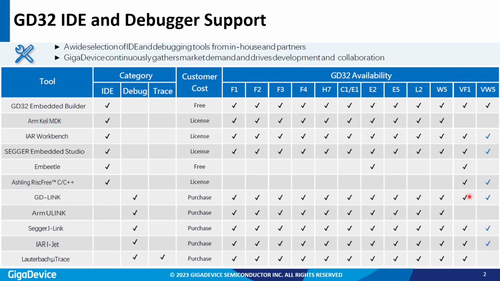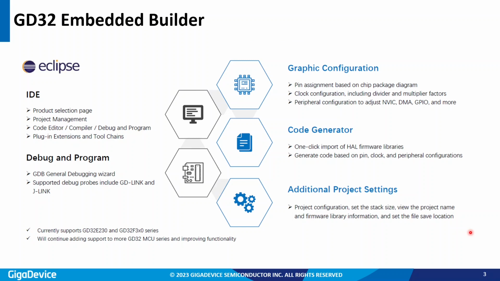Embedded Builder is a free tool that we provide to our customers. You can develop no matter what device family you're using, if it's ARM-based or RISC-V based. So we support all of our GD32 device families within this Embedded Builder tool. Today we're going to concentrate on the Graphic Configuration Tool to implement the ADC design.